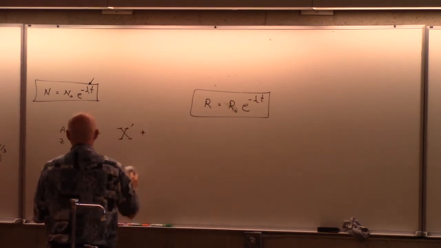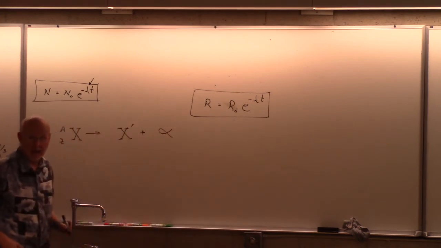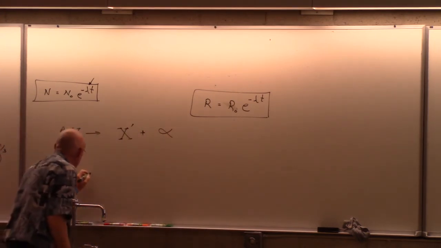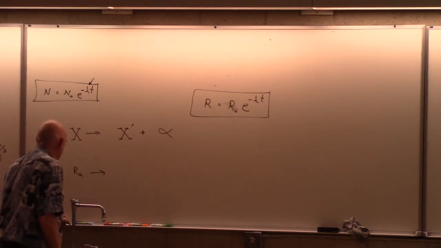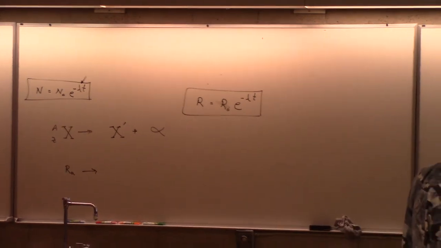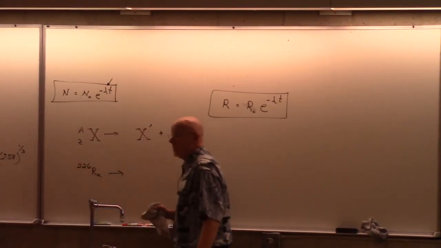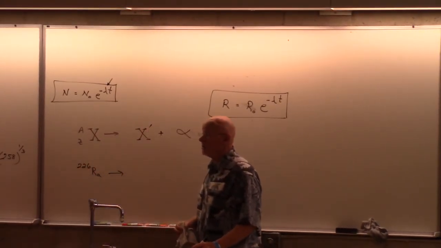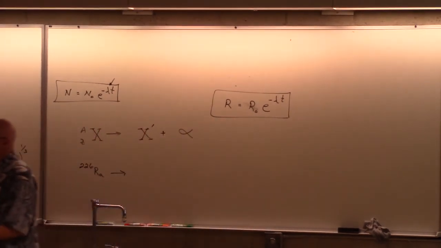So this problem actually says it's an alpha decay. And so let me start with radium. I need to come back and look. Radium what? 226. And I guess I also need to come over here and find it on this chart.